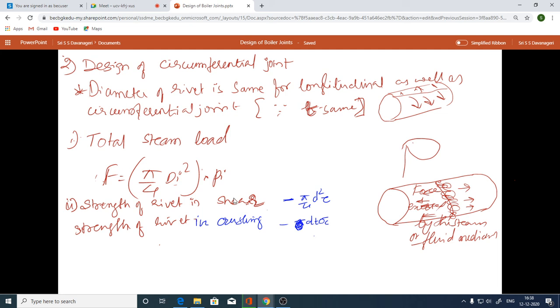Now, next you need to find out the number of rivets required to make the joint.